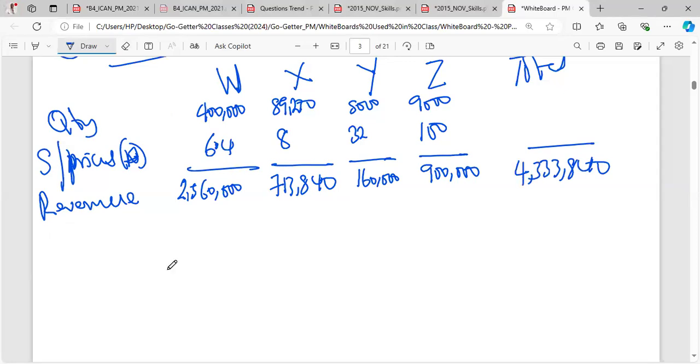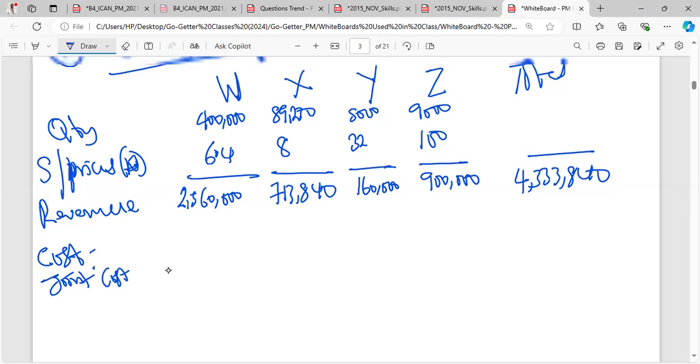So this is your revenue if you sell it to processors. So what is your cost? The cost will be the joint cost.